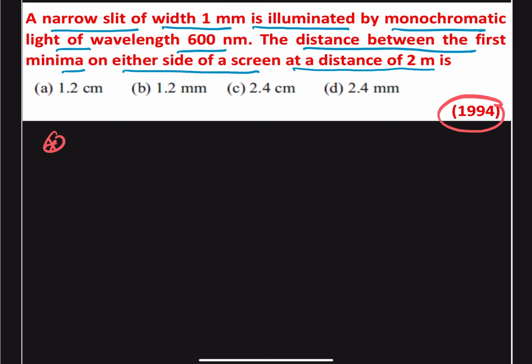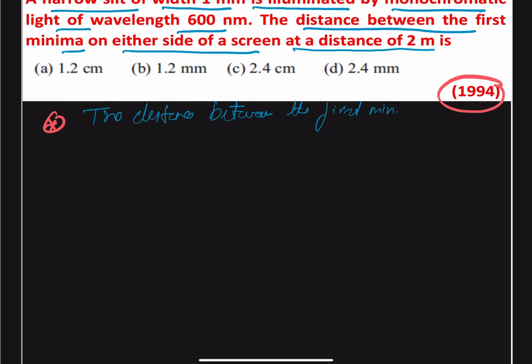We can say the distance between the first minima on the other side of central maxima is given as y, and this y is our lambda L upon a.